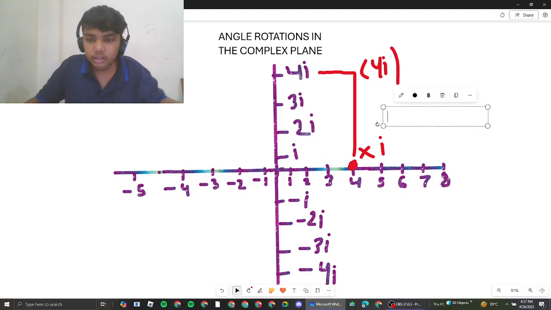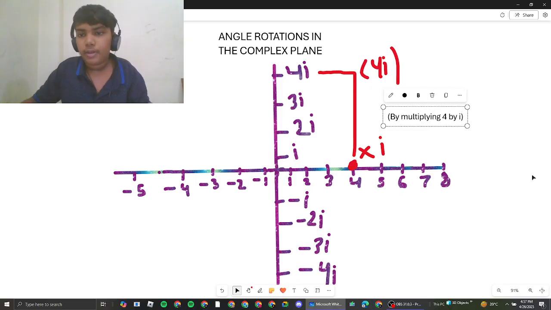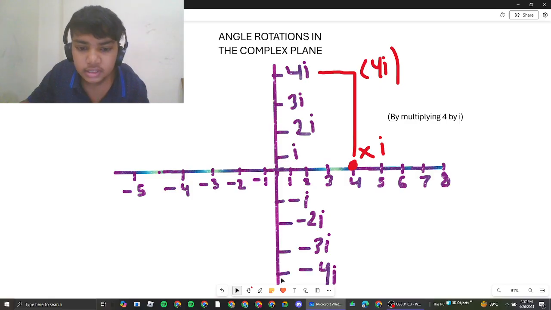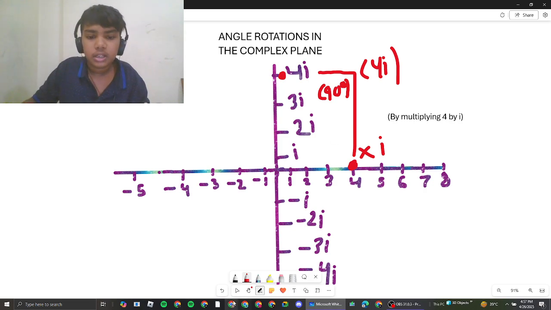As you can see, when we land on this, it is on 90 degrees. So this has become a 90-degree rotation.